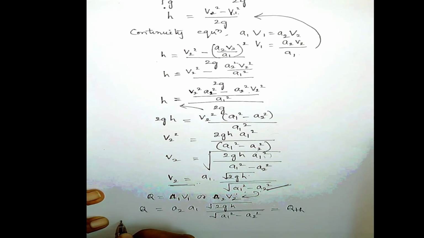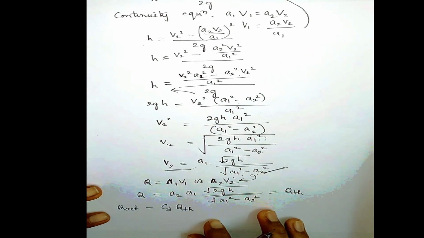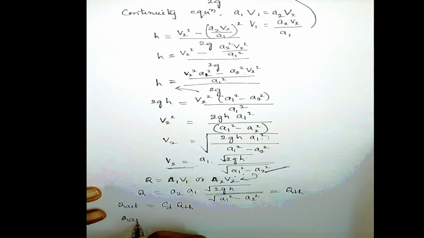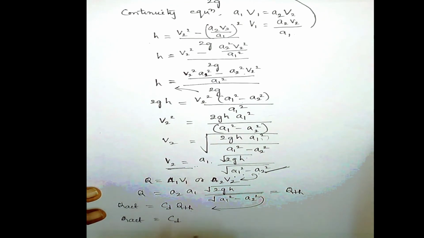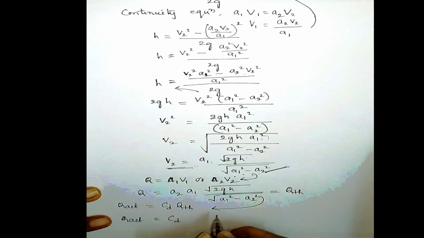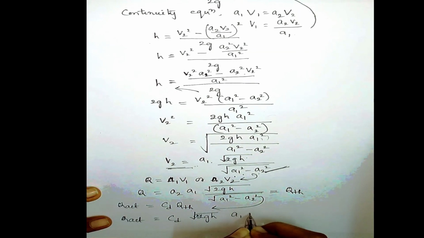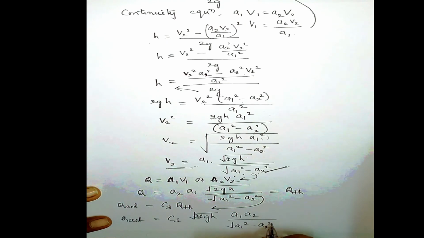To get the actual discharge, Q actual will be equal to Cd into Q theoretical. Substituting the equation here, it will be Cd into root 2gH into A1 A2 divided by the square root of A1 square minus A2 square.